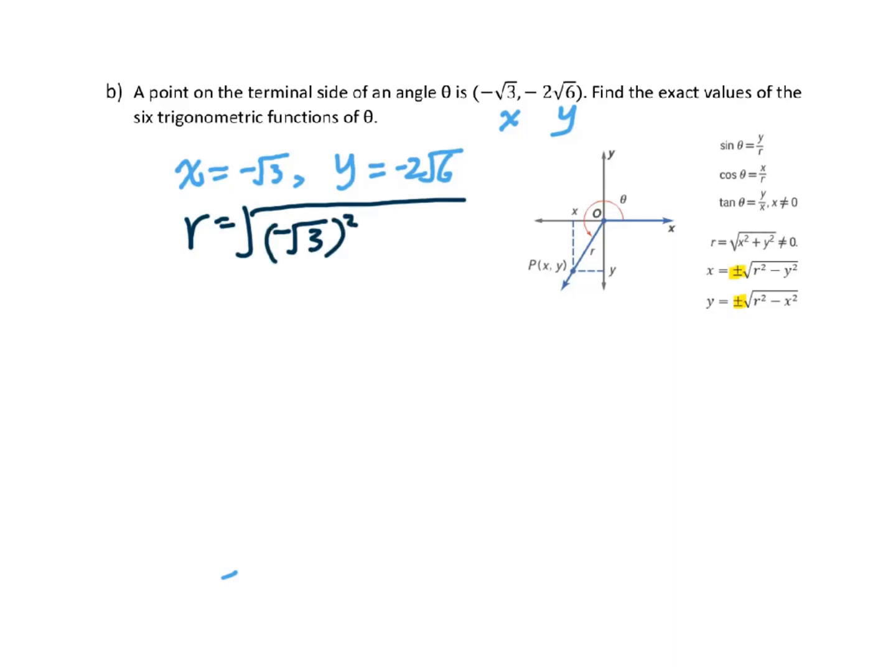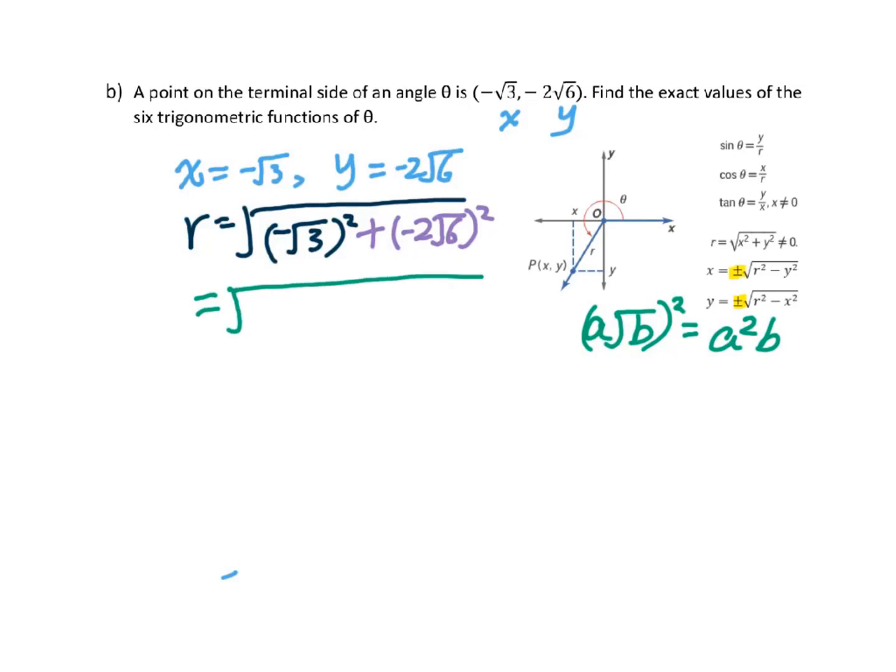Don't forget this parenthesis. I add (-2 square root of 6) squared. Remember, square root of b squared, that's a squared b.